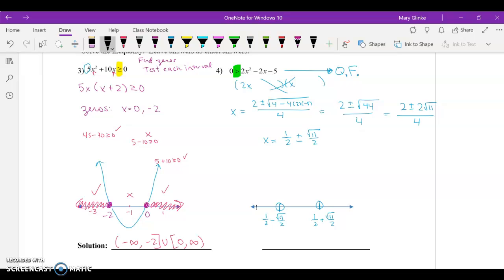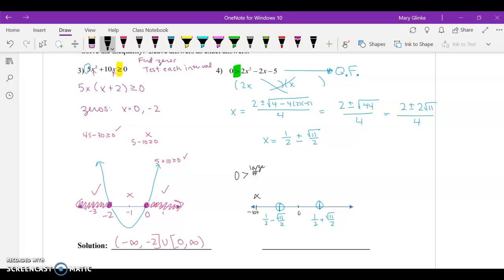So if we test a really negative value here, let's go ahead, I don't know, maybe -100. Imagine plugging in -100, you're going to end up with a rather large number. So you're going to get 0 is bigger than some large number. And that is not true. So this is not going to be part of our solution.